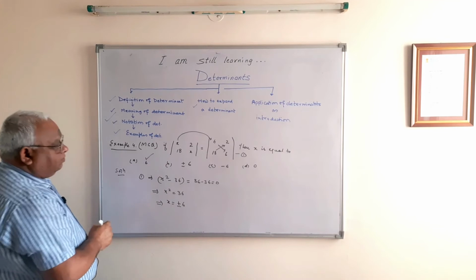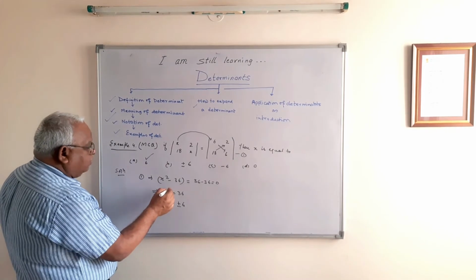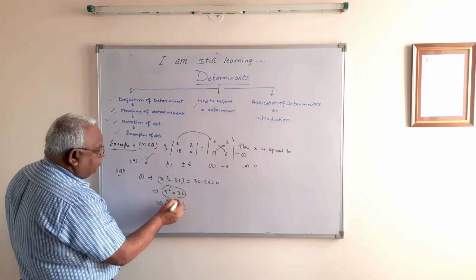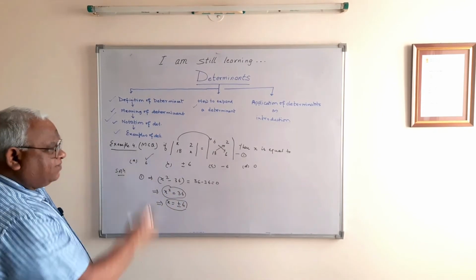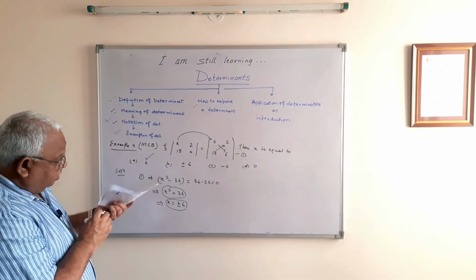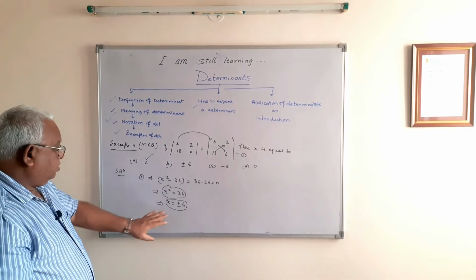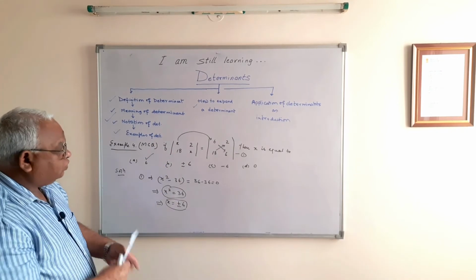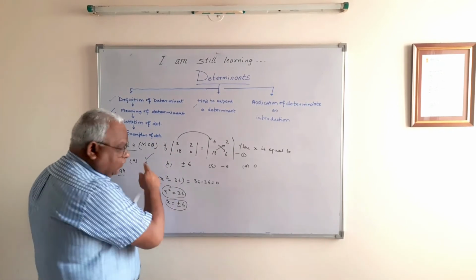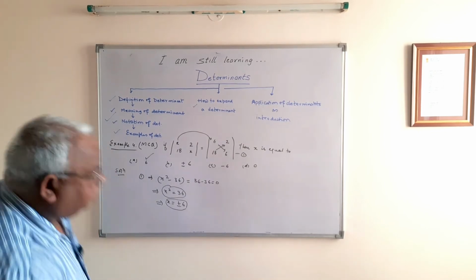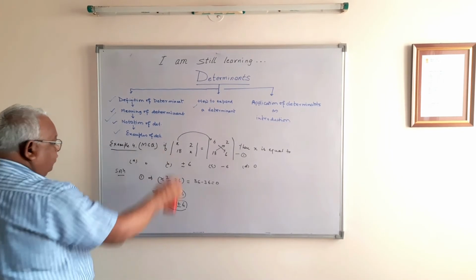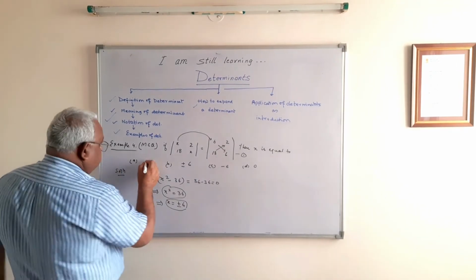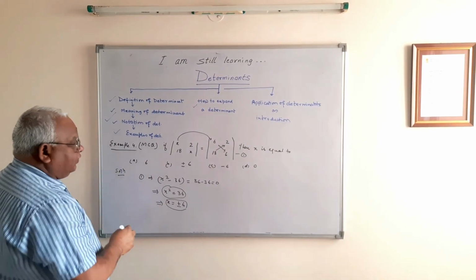In my previous example, I told you that whenever you have this condition, you will get two answers, until or unless something specific is mentioned in the question. So if you are putting only 6 or only minus 6, your logic is wrong.